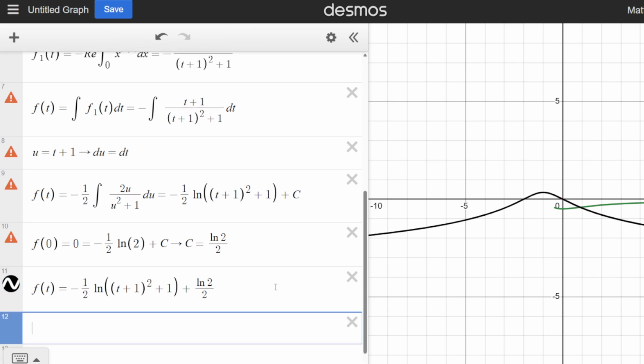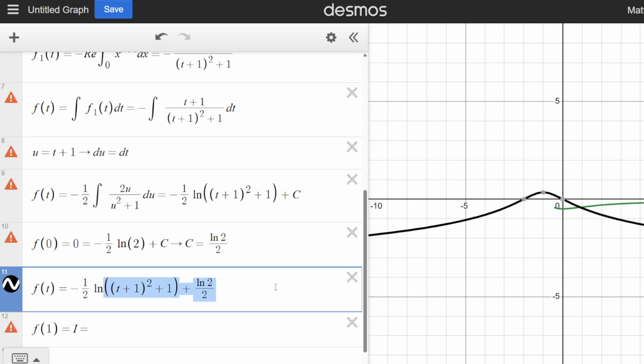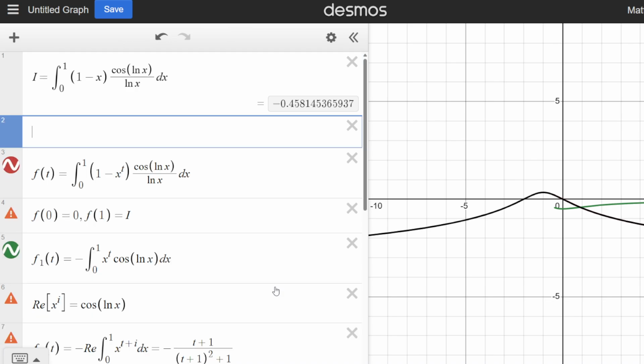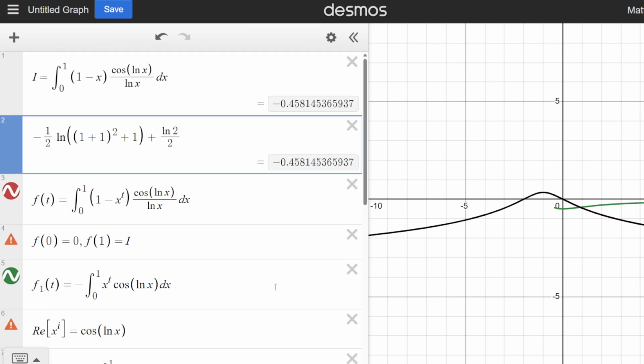So now all we have to do is plug in f of 1, and that's going to give us I, and that is also going to give us this, where t is 1. All right, so let's copy this and compare it to the value of our original integral. Perfect. All right, so that's the answer. Let's clean this up a little bit.